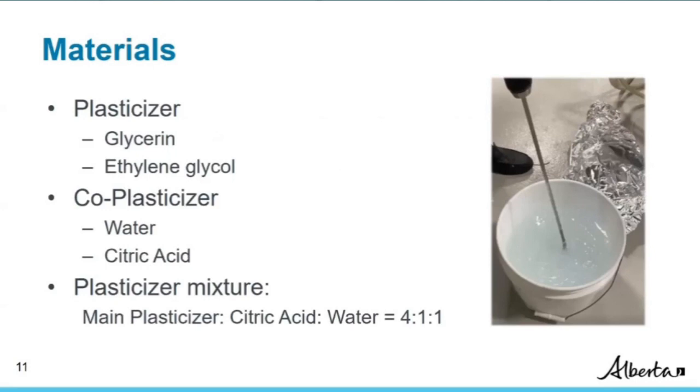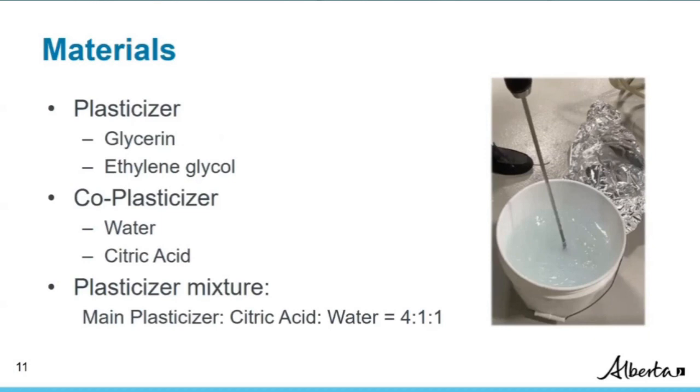Other material, first one, plasticizer. We tried glycerin. We also tried ethylene glycol. Both are considered safe for indirect contact with food. And we also see that citric acid can play a big role to stabilize the property of the bioplastic made of starch.